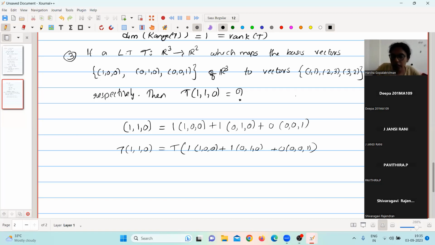Now, what can we do in the next step? Use the thing that T is a linear transformation.